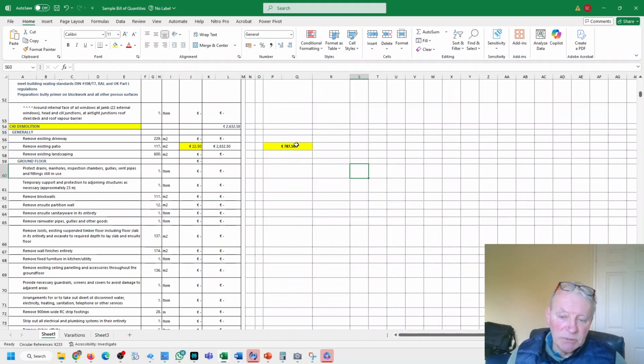So you've got traceability. The bill of quantities should be tied into the contract, and then you've got the rates tied into the contract, and then you've got predictability.